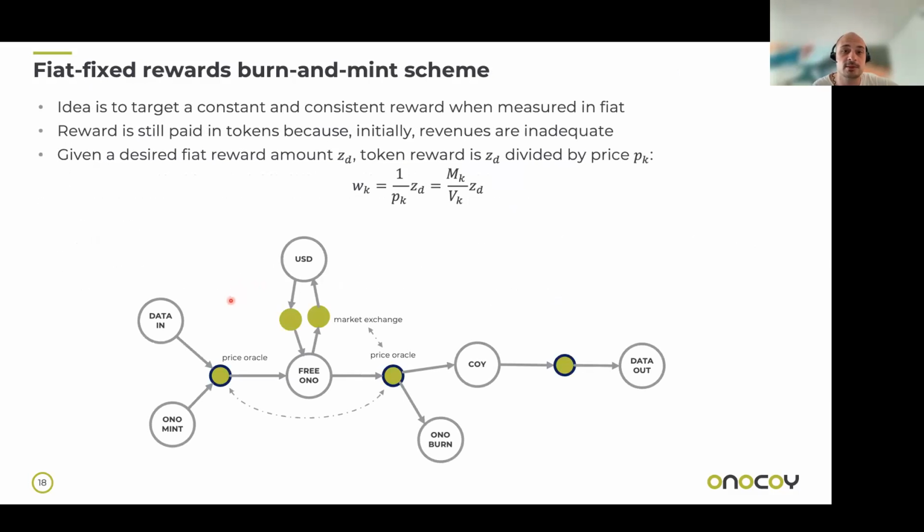What it means is that, just like when you burn, you use this price oracle that sets the exchange rate based off the market exchange to determine how many Onos should be burned for Koi. You can use that same mechanism to figure out how many Onos should be minted for the data that comes in. So it's exactly the same mechanism, just one is the dual of the other.